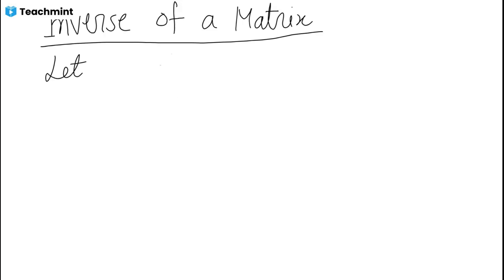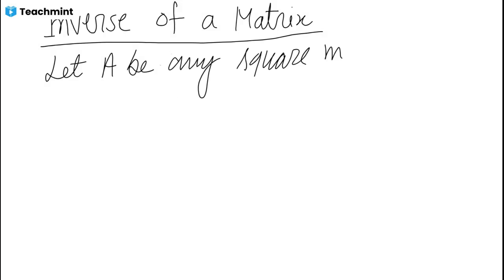So let A be any square matrix, because we can find inverse for only square matrix.